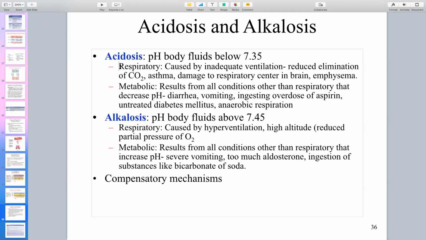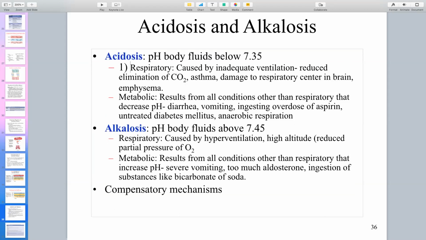In the respiratory cause, the problem is you have a respiratory system that's starting to fail. That's causing the issue. If the respiratory problem is causing the issue, what are the chances that the respiratory rate can actually help the situation? You're not going to see that. So when there's a respiratory cause to either acidosis or alkalosis, there will not be a compensatory response.